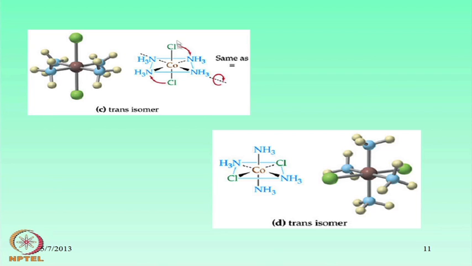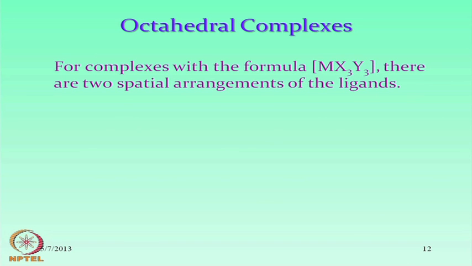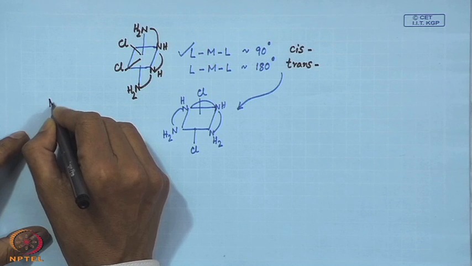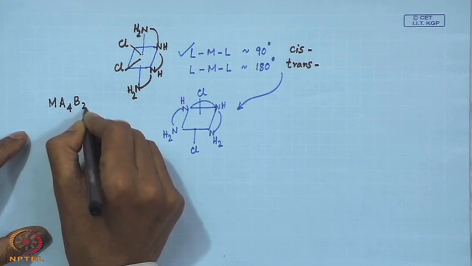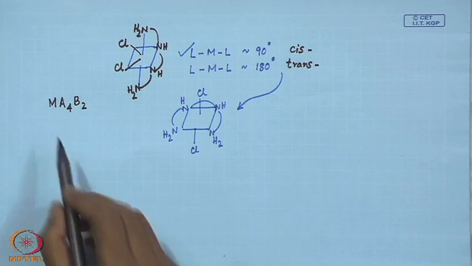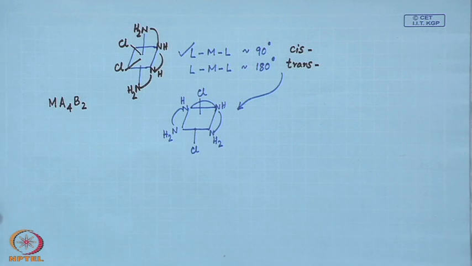This is one trans orientation and through rotation we get another trans orientation, and both of them can be designated as the trans isomer. What we are talking about here, in case of octahedral complexes, is the MA4B2 type, that means two of them are of a different type.